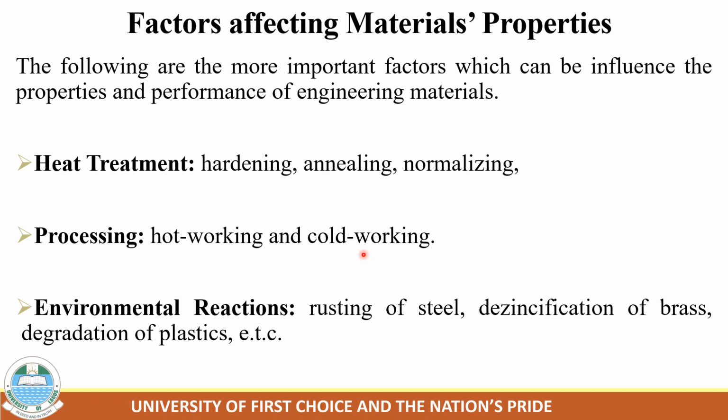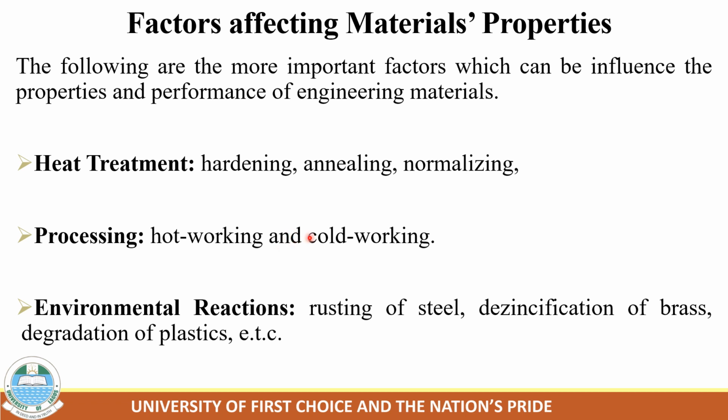And also environmental reaction affects the material's property. What is meant by environmental reaction is how the environment induces changes on the material you are using to produce anything in the workshop. An example of it is the rusting of steel. Steel used to rust, to corrode.